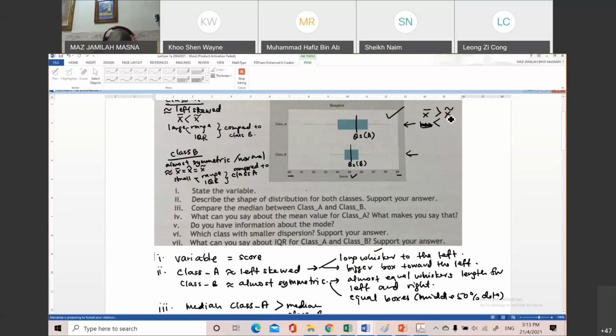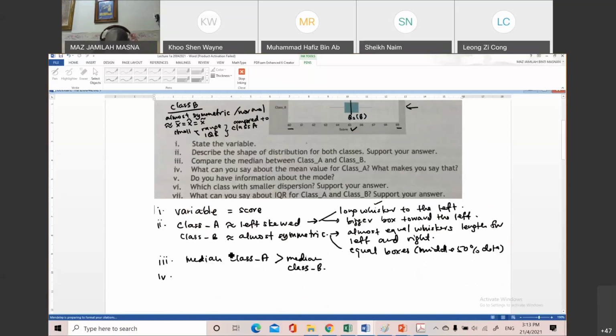Less than, class, because the mean will always be smaller than the median. So for question number 4, the mean of class A is less than the median of class A.